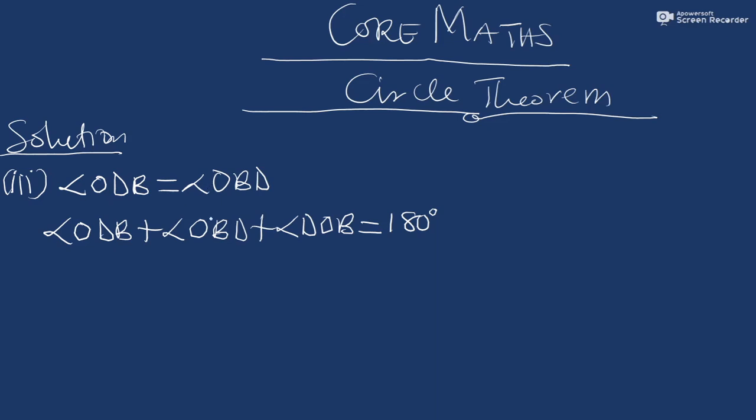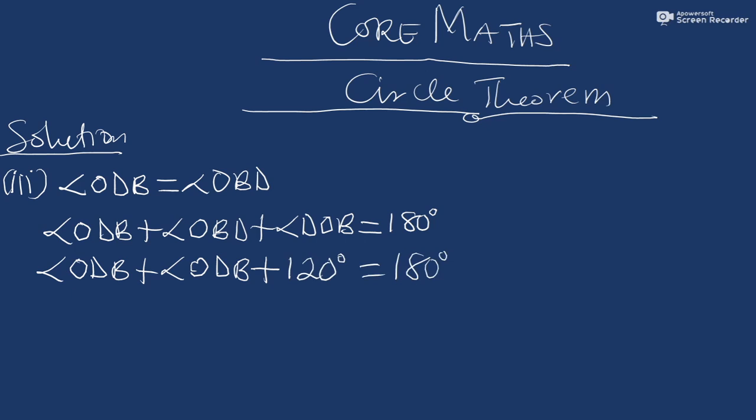So meaning that we can substitute this one with angle ODB. So we have angle ODB plus angle ODB plus this one, which in the question was 120 degrees, equals 180 degrees.